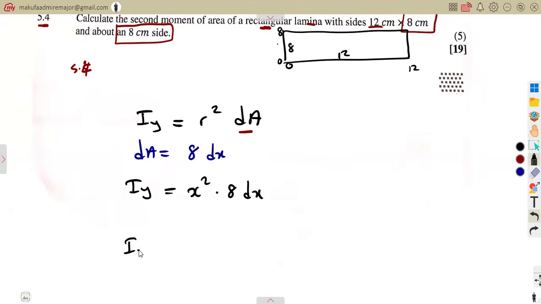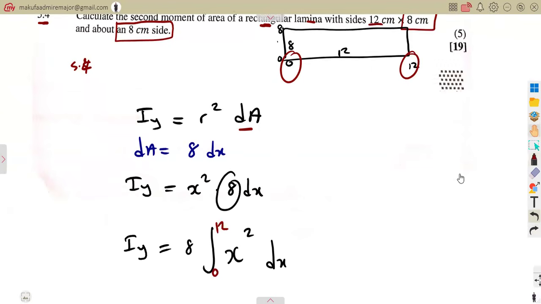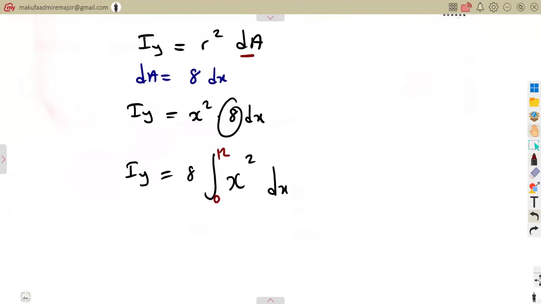So meaning to say, what is going to be our integral in this case? We're going to have 8 out of the integral of x squared with respect to x, our limits 0 to 12. So that is with respect to x, our limits will be from 0 to 12.